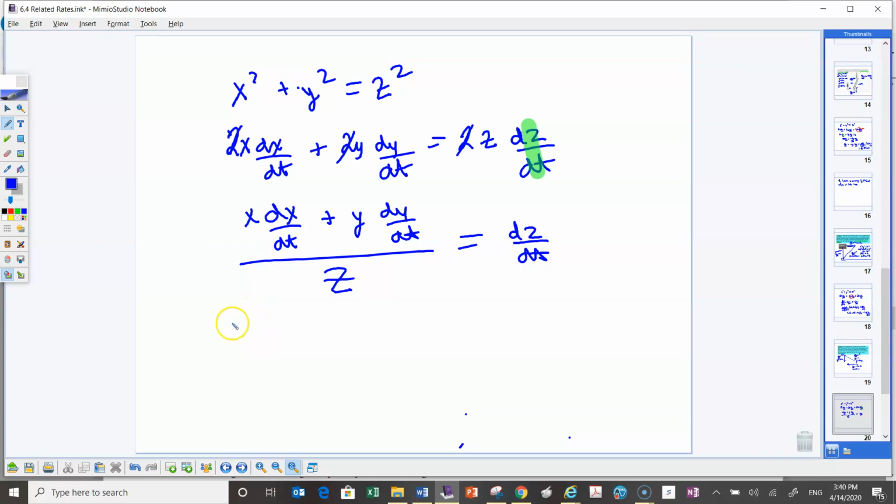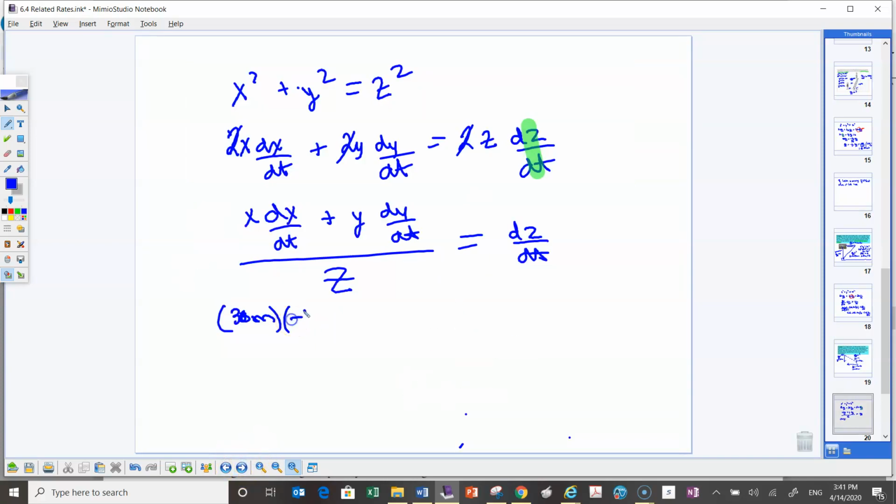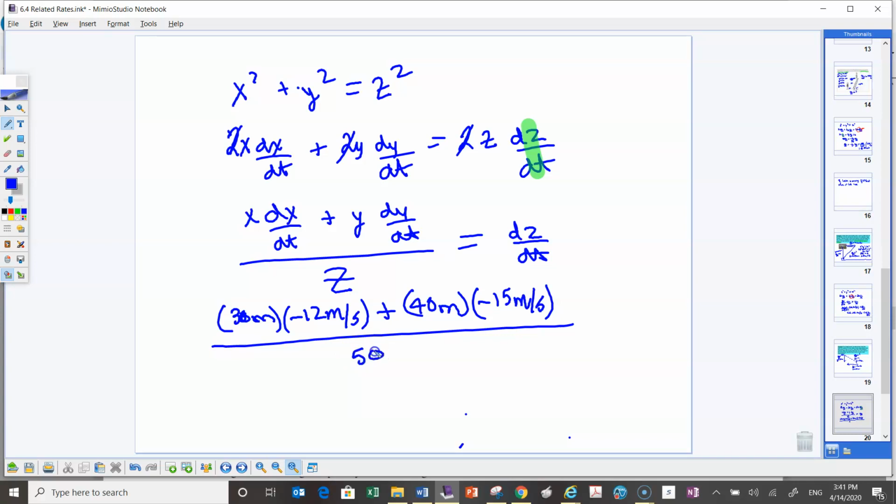So x was 30 meters times dx/dt, which was negative 12 meters per second. Y was 40 meters times negative 15 meters per second, all over z, which was 50 meters. Notice all the meters cancel and I'm left with meters per second, and that's what I want for a rate of change.